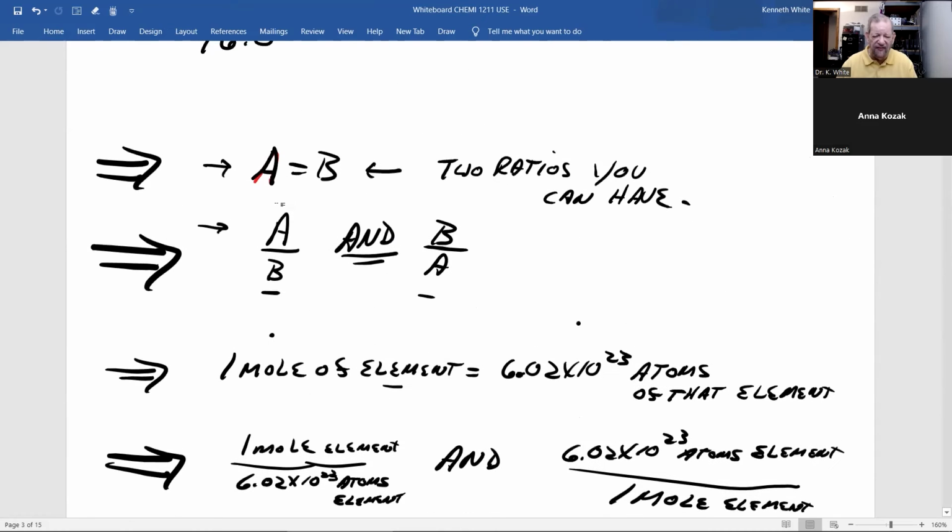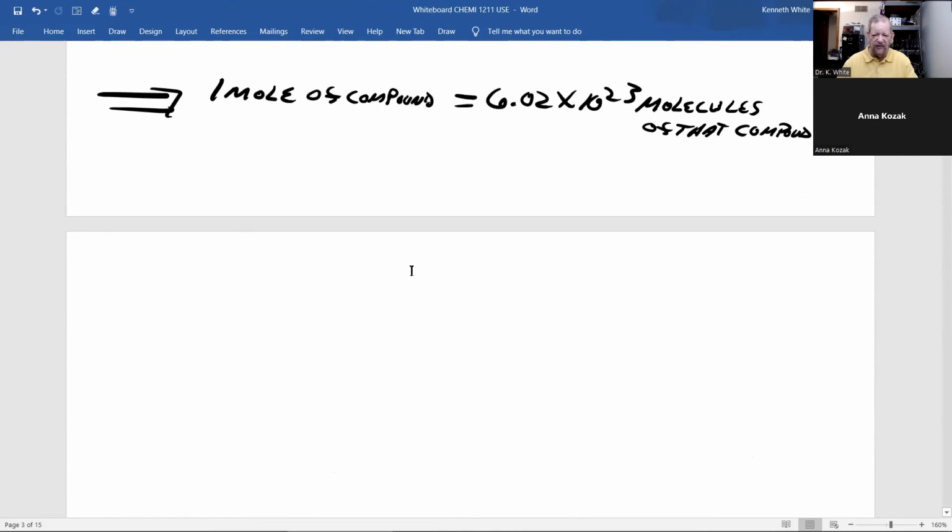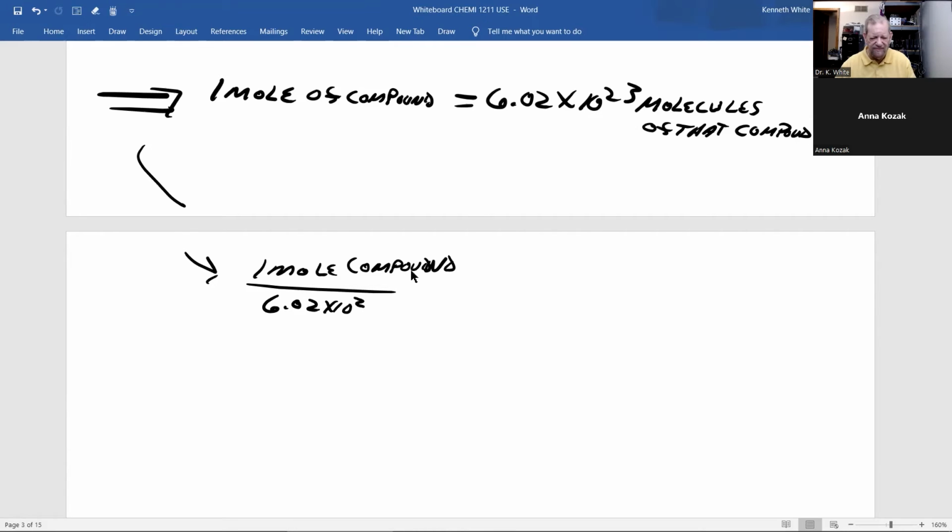So just as if A equals B, there are two ratios you can have. The first one is 1 mole of a compound, if I can spell it right, per Avogadro's number, molecules of the compound.